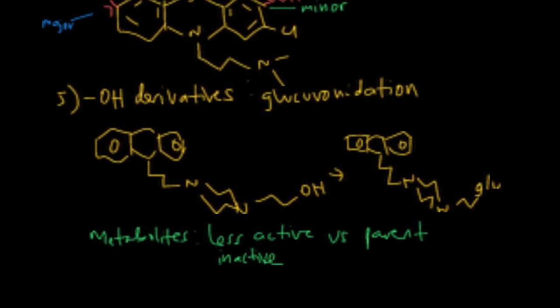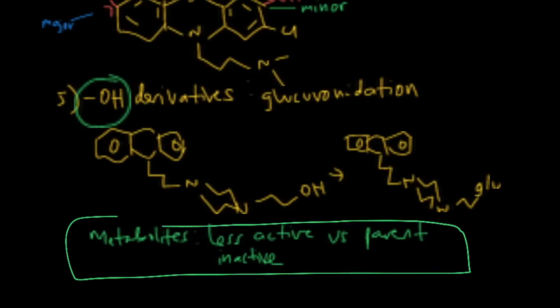Only if you have an OH. So, if you have the OH, you can glucuronidate it. So here's your OH. You're just glucuronidating it, replacing it with a glucuronide group. Finally, a big concept: metabolites are less active compared to their parent, or they're either inactive or less active than their parent.